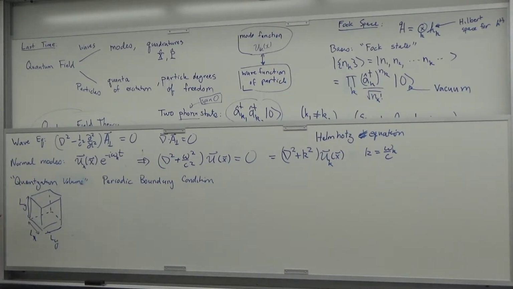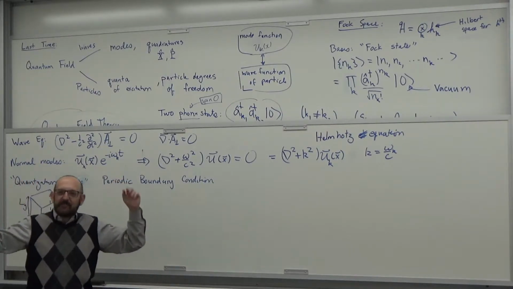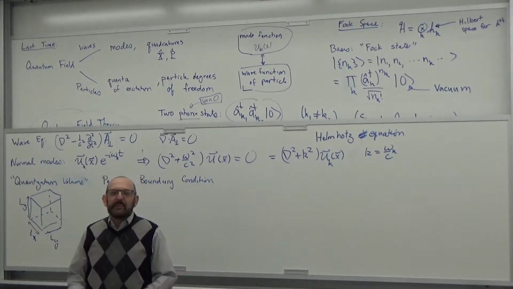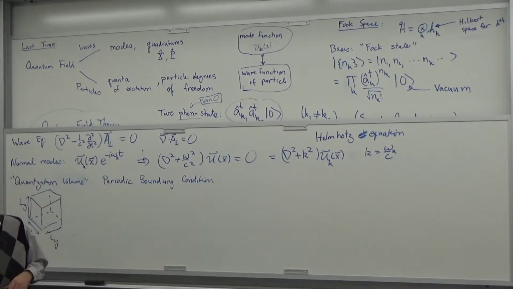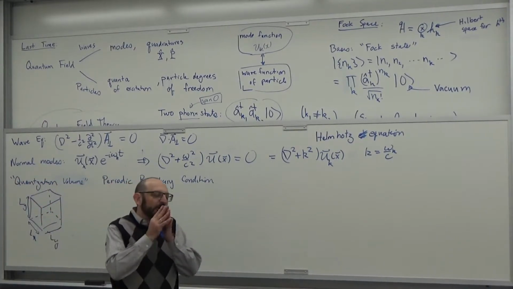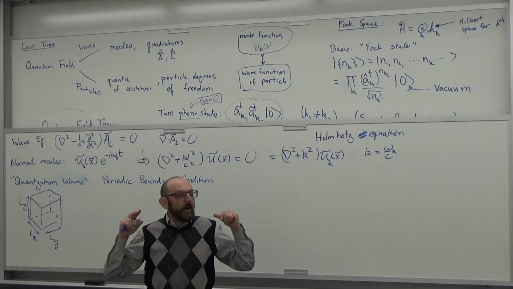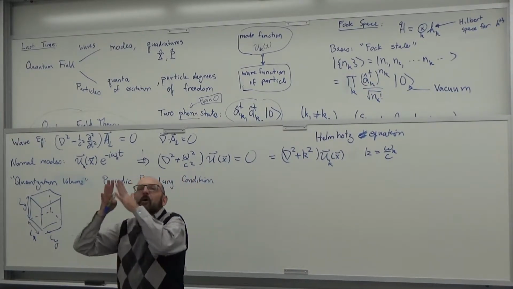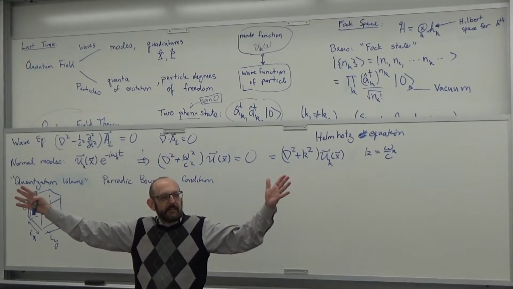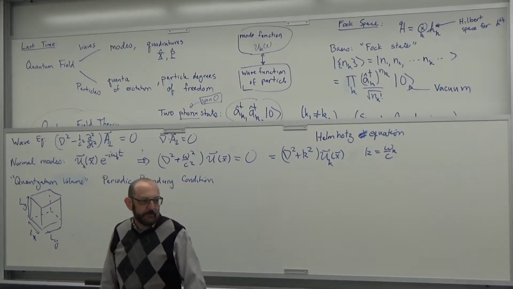But in free space, what we typically do is we put a fictitious volume at the edges of the universe with periodic boundary conditions, under the hope that we never get to the edge of the universe. And if we ever do, we take the limit. If we want to look at the true theory, we ultimately take the limit as the volume goes to infinity. Okay?